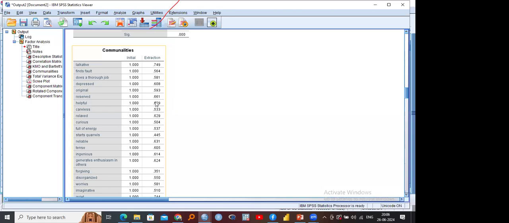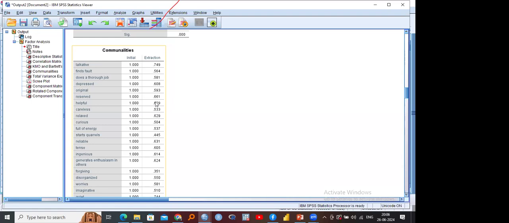What happens if you do it? Number one, if the value is less than 0.5, it means that particular variable is not able to explain the variation properly. मतलब जो भी आपका टूल है, अगर डिप्रेशन का है या I mean whatever is the objective of your tool, that particular variable is not able to explain the variation properly.